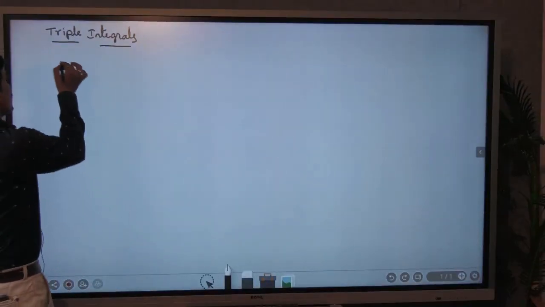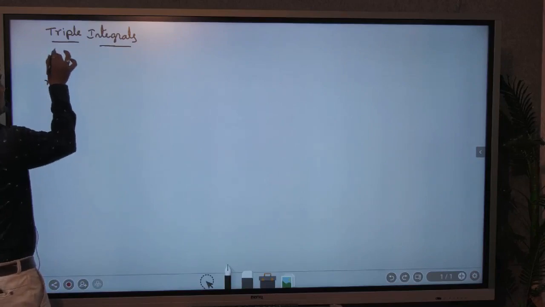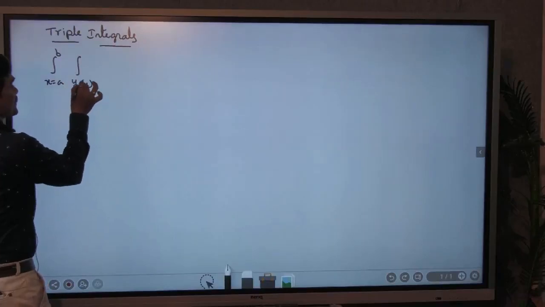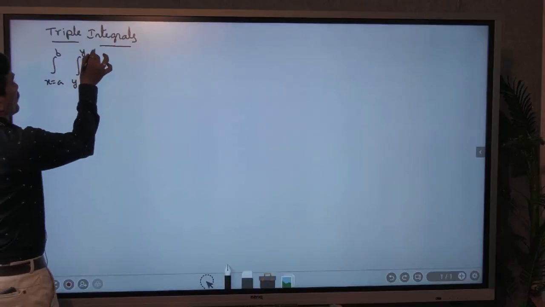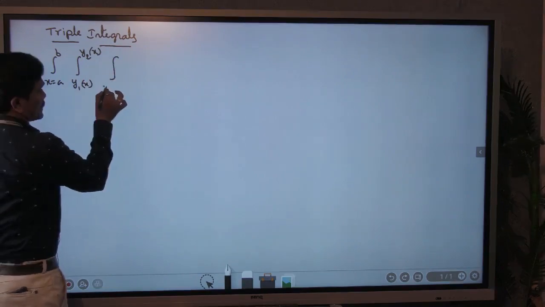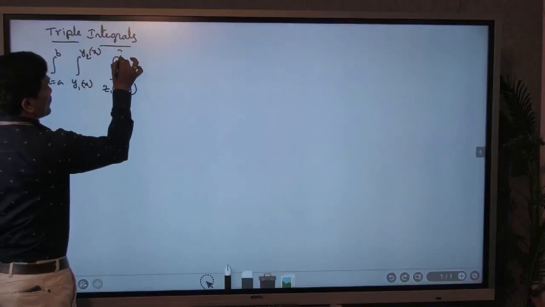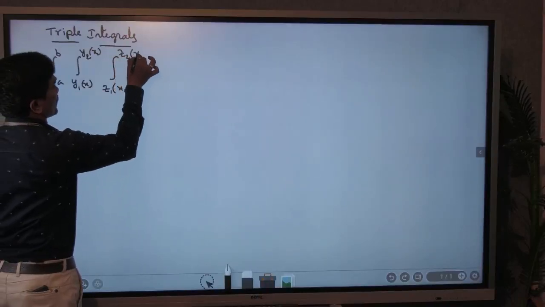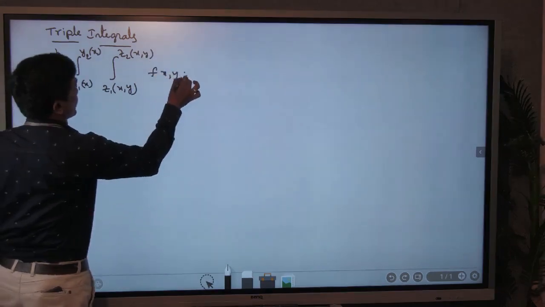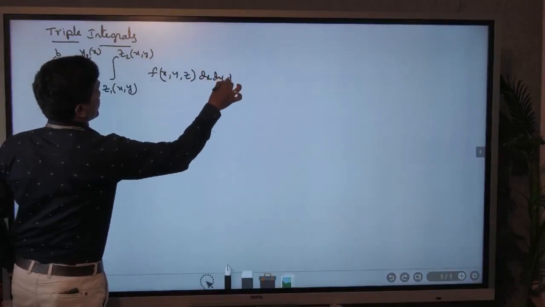So for example, a triple integral where x goes from a to b, y goes from y1 of x to y2 of x, and z goes from z1 of x comma y to z2 of x comma y, of some f of x y z into dx dy dz.